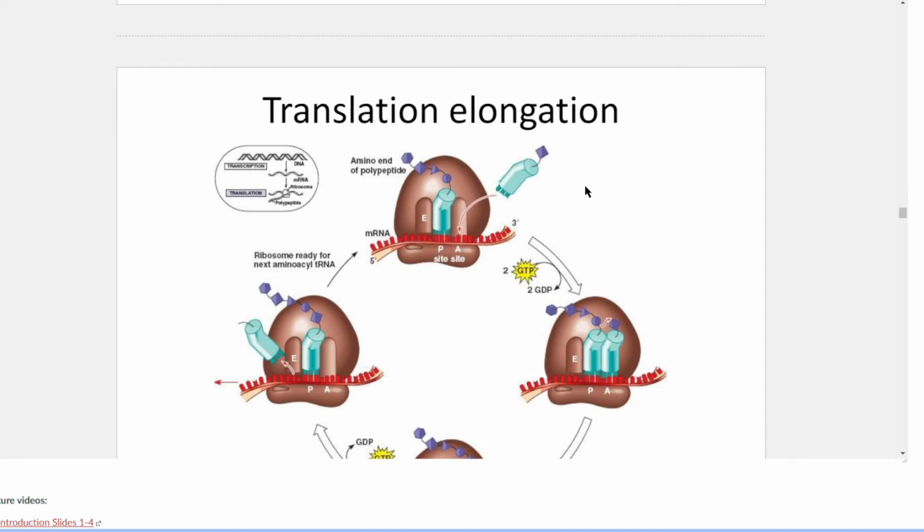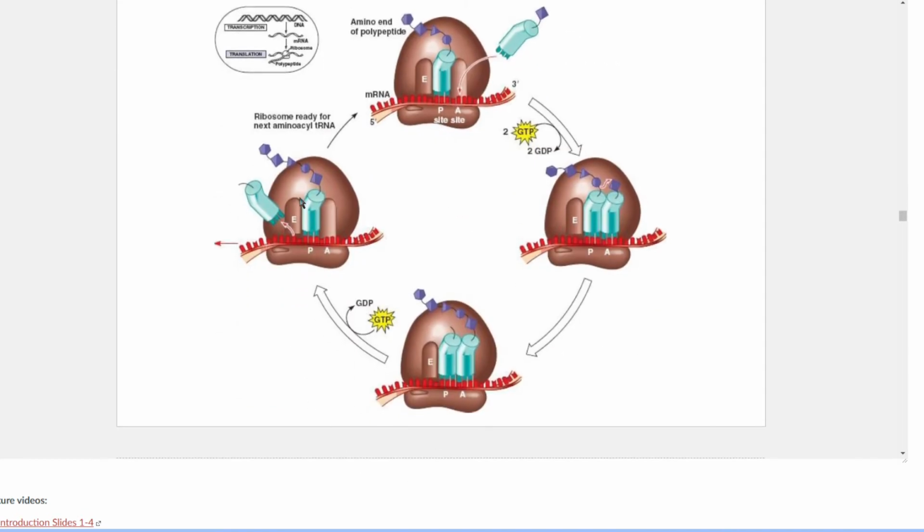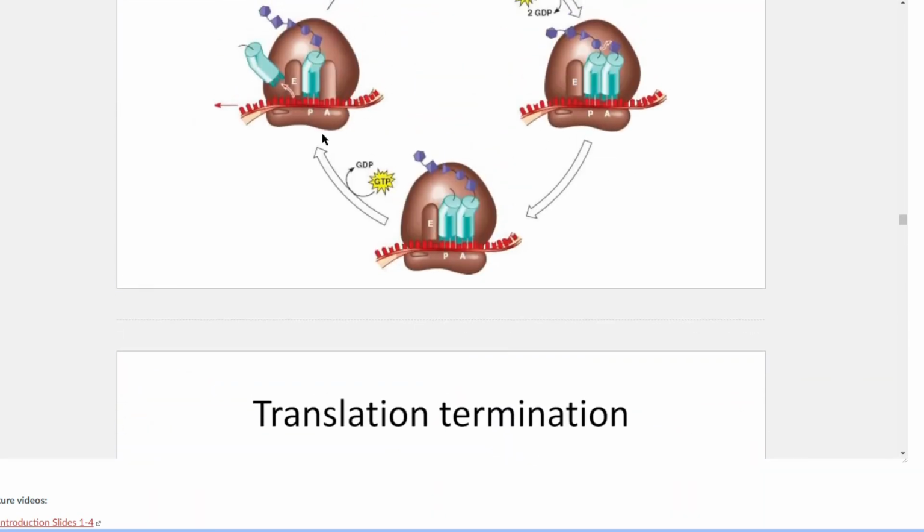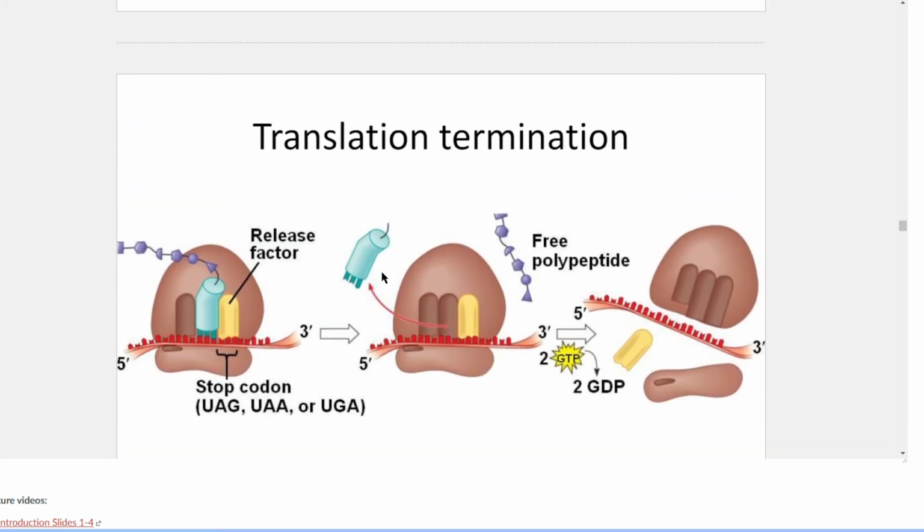Then it elongates by adding more amino acids, and they form peptide bonds. When one comes, they leave. Once they detach their amino acid, they leave. And then termination: a stop codon starts, and then they release.